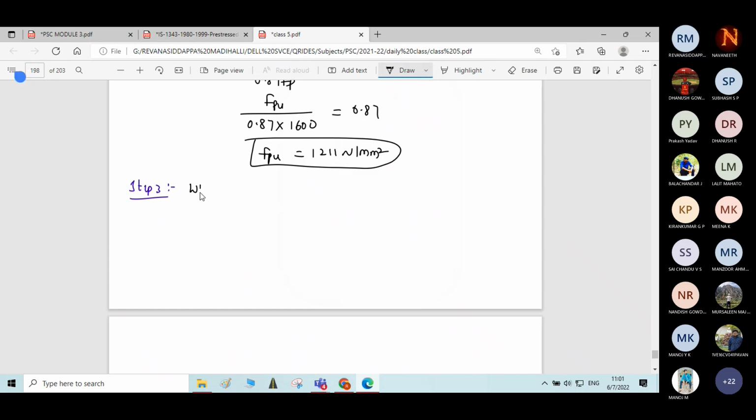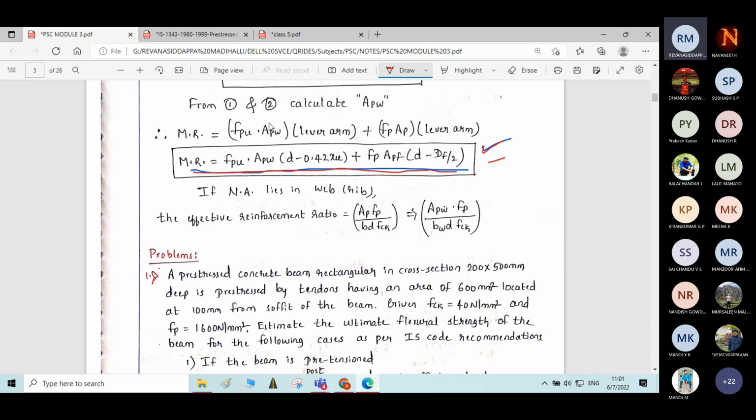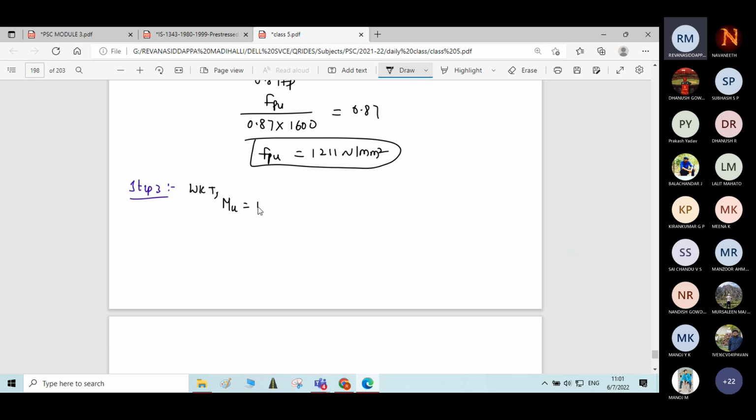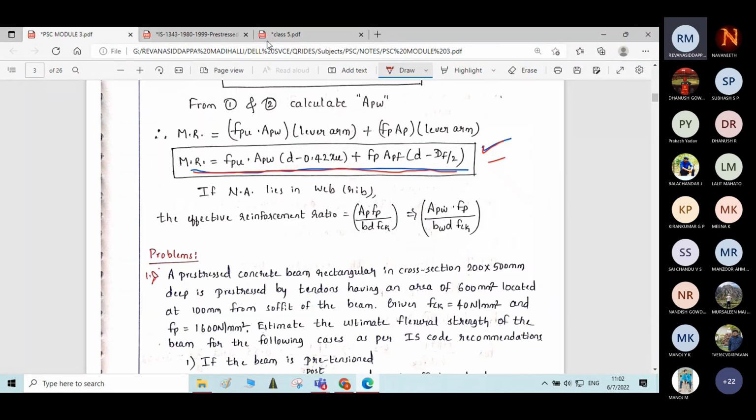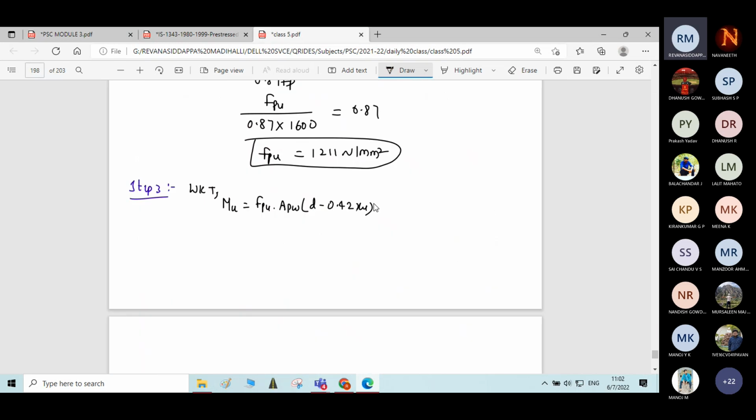We know that if the neutral axis lies within the web, the formula for Mu is equal to FPU into APW into D minus 0.42 XU plus FP into APF into D minus DF by 2. Now each and every value is known. Just substitute and get the answer.